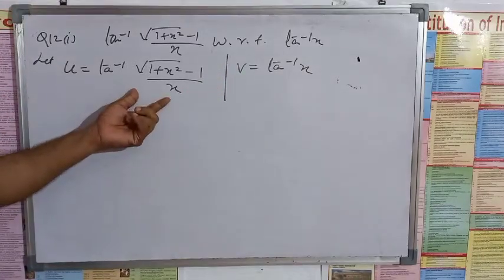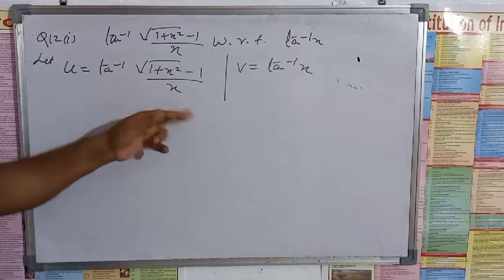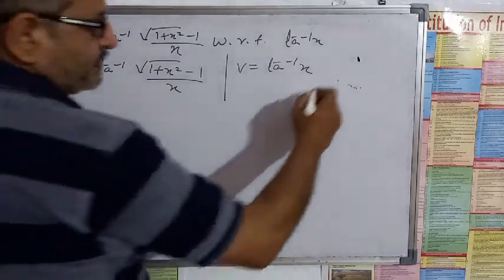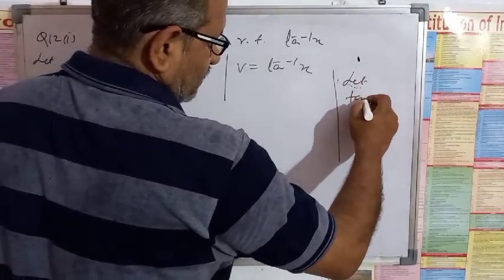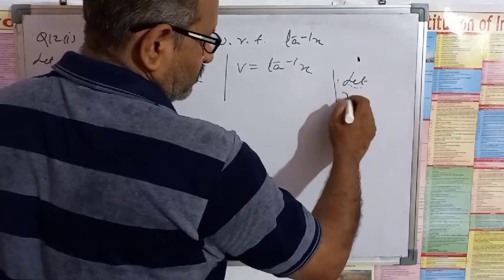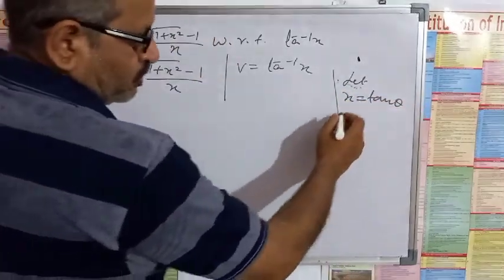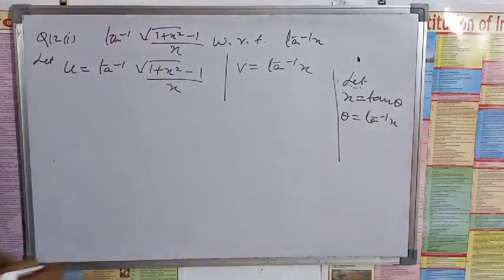But here we have to apply the property tan inverse tan x is equal to x. So let us put x equal to tan theta. So what will be theta? Theta is tan inverse x.